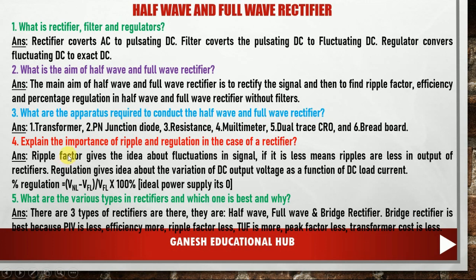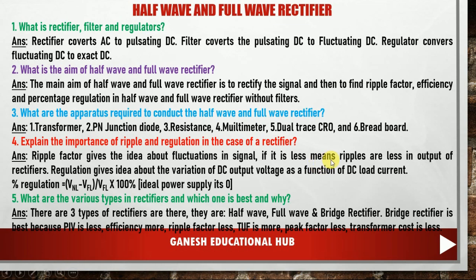Okay. Next question. Explain the importance of ripple and regulation in the case of rectifiers. The ripple factor gives the idea about fluctuations in the signal. How many fluctuations occur in the signal, the ripple factor gives.